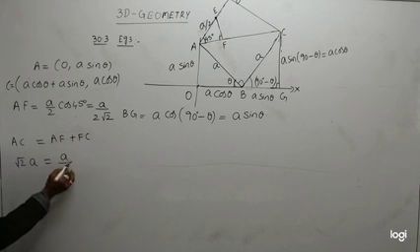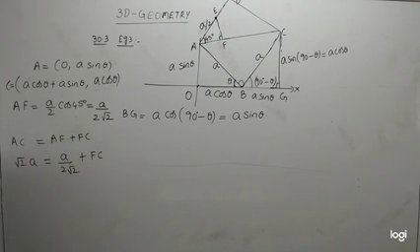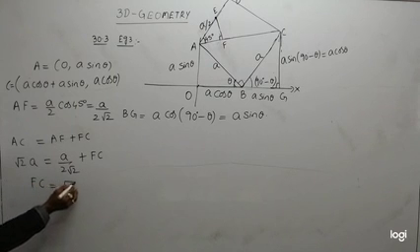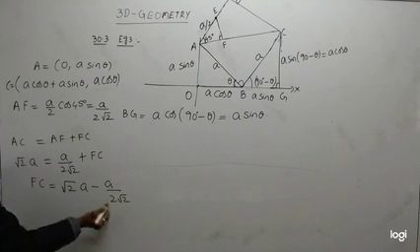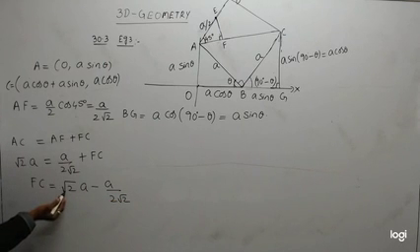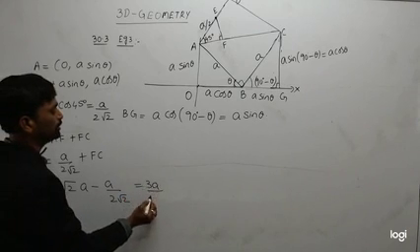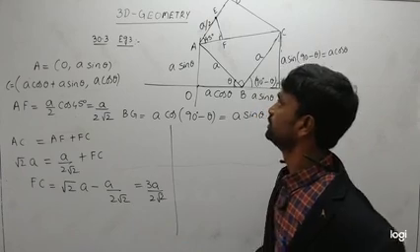A by 2 root 2. Plus FC, we don't know. We have to find the FC value only. So if you find FC, what do you get? Root 2 times A minus A by 2 root 2. So if you take the LCM 2 root 2, root 2 into 2 root 2 is 4A, minus A, 3A by 2 root 2. So now you have the AF length and FC length.